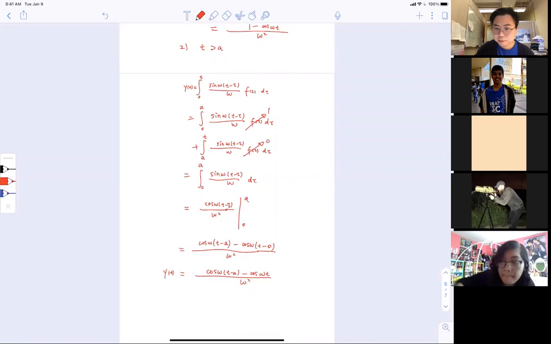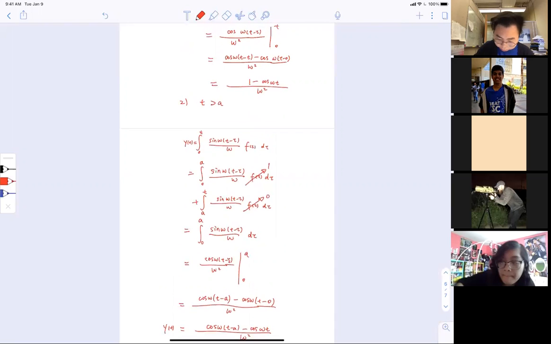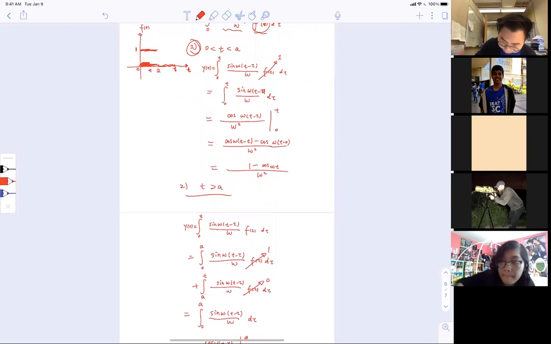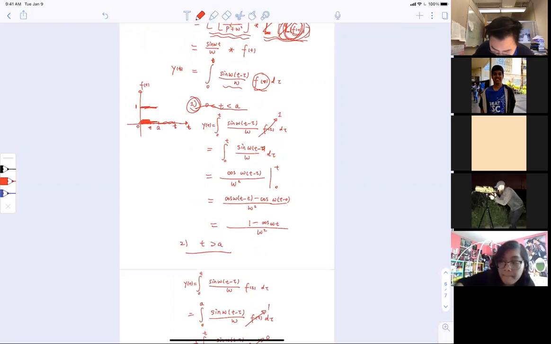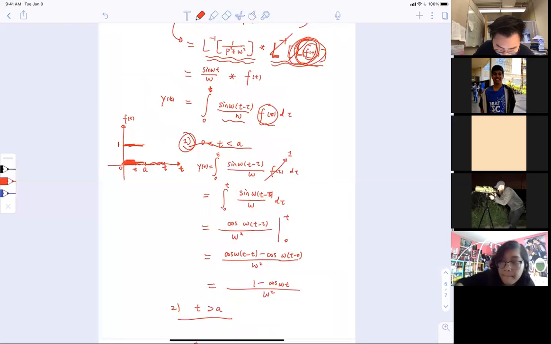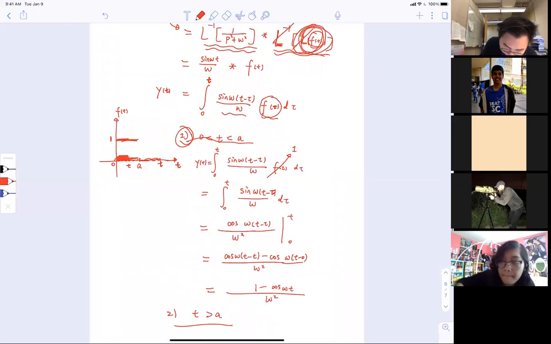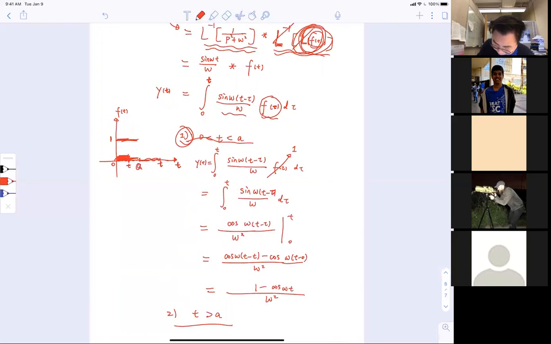What was the purpose of doing the previous section? I don't understand what the difference is. Oh, so you mean here and here? So basically, when your t is smaller than a, remember the argument of f is tau, and tau is always over this integration range.